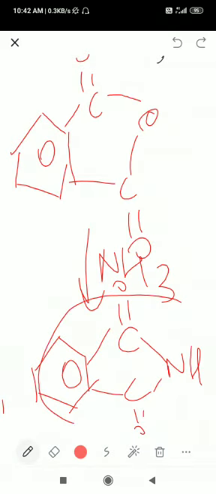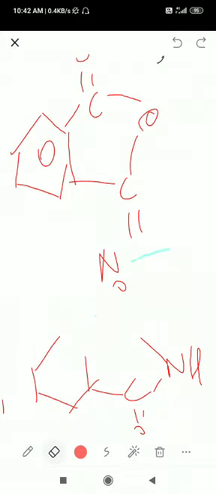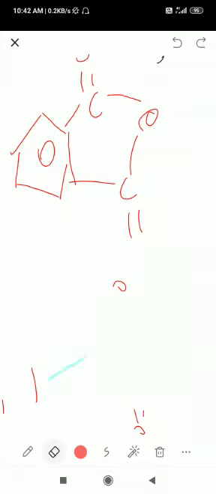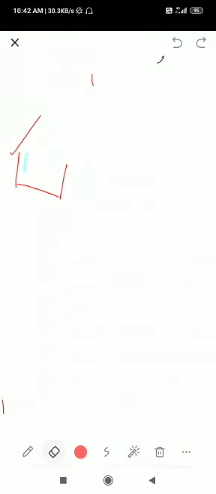So this is our phthalimide that we are going to use for the preparation of amines. Now let me tell you what the reaction is and what the yield of this reaction is, meaning how useful this reaction is.